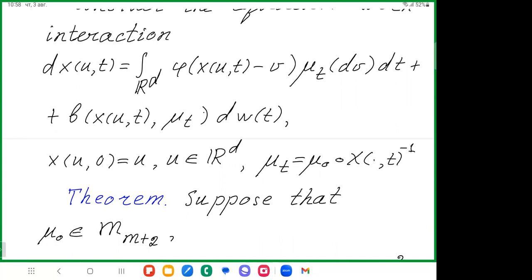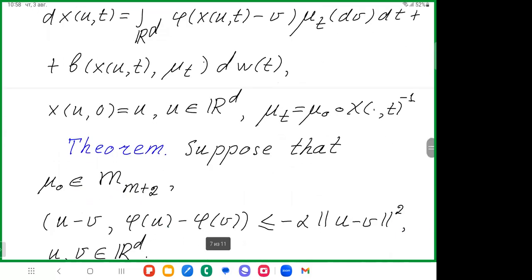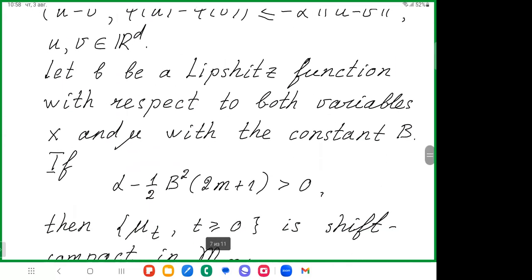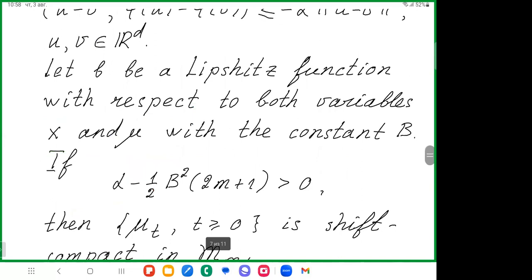We can add some general coefficient a, which depends on x and mu t in a more complicated way. And of course, we will need that alpha is such that it will dominate not only the Lipschitz constant for coefficient b, but also the Lipschitz constant for coefficient a.